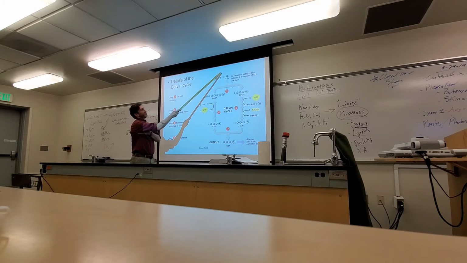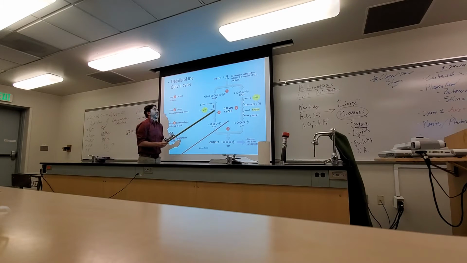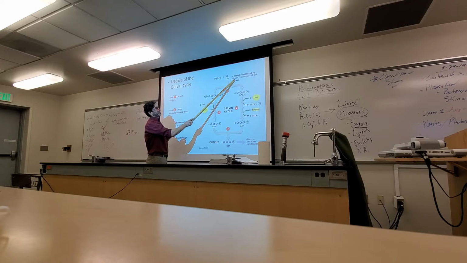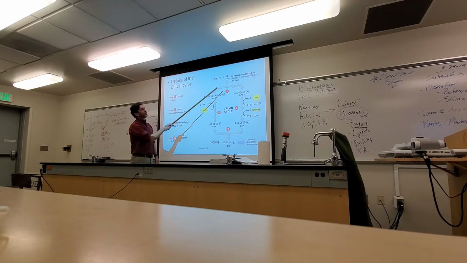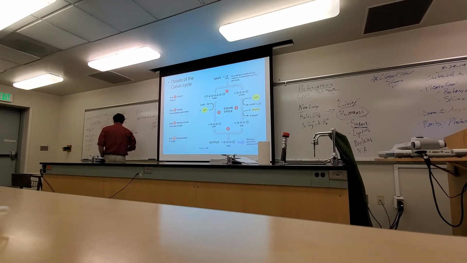Okay, CO2 comes in. Now the first thing that happens, there's this really important, some consider it the most important enzyme on the planet, called rubisco. It always makes me think Nabisco, but rubisco. Rubisco is what does what we call carbon fixation. You heard this term carbon fixation before?